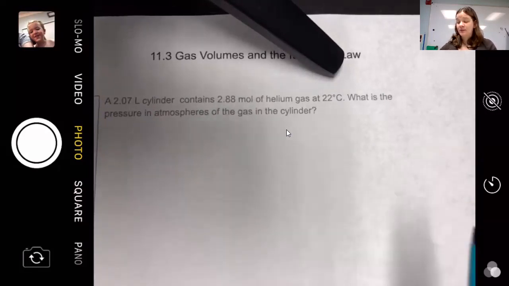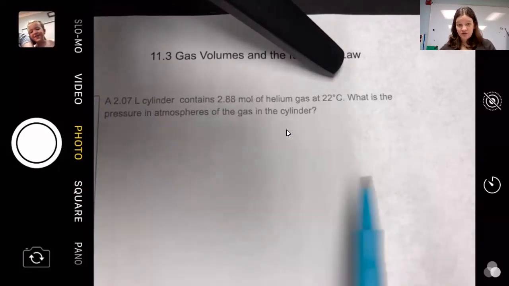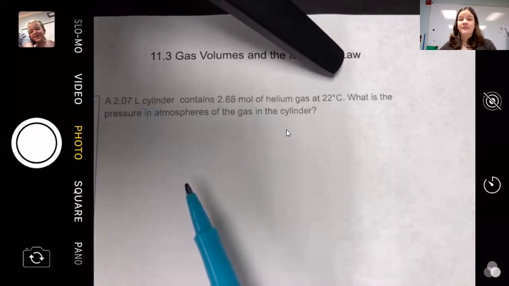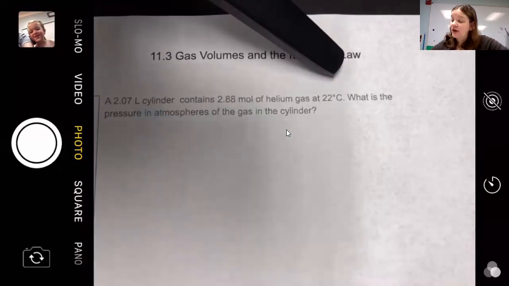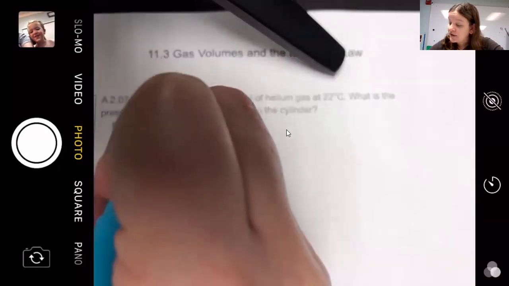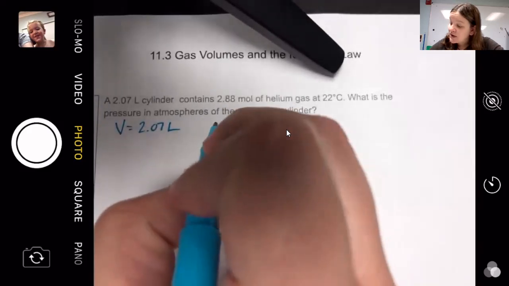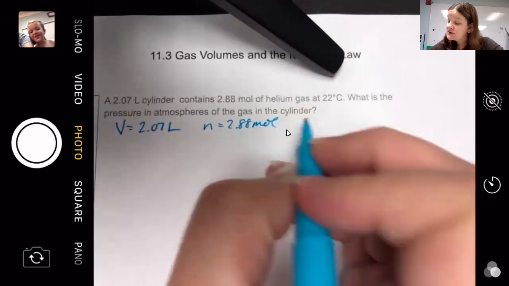I'm going to recommend again that you pause the video, attempt this on your own, and then come back to it and check your work. So we have a volume of 2.07 liters. That's the right units. We know that n is equal to 2.88 moles. That's the right units.